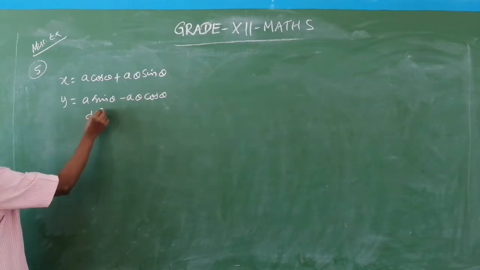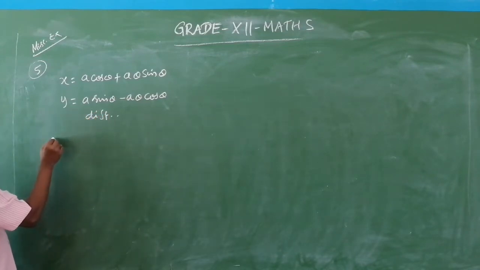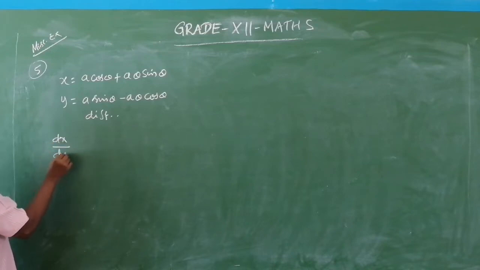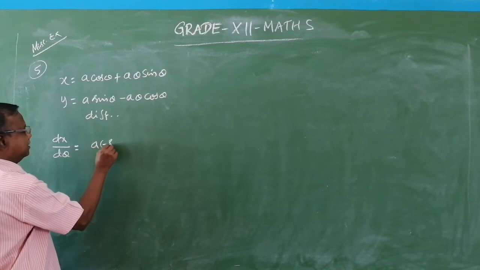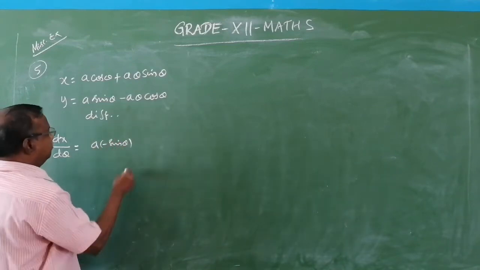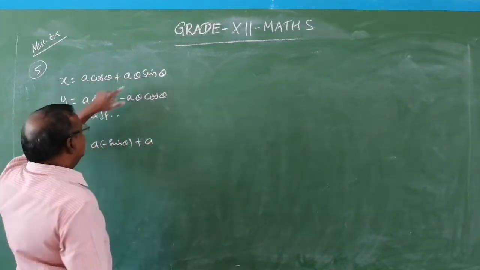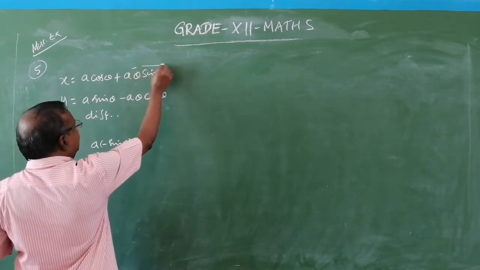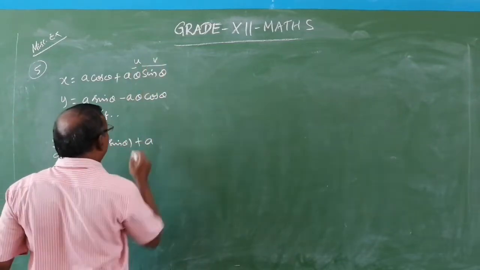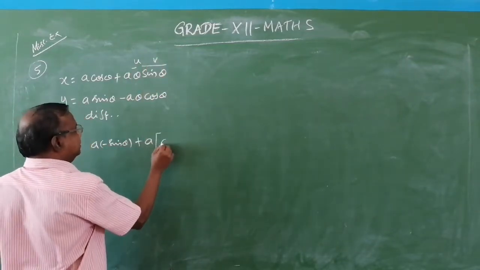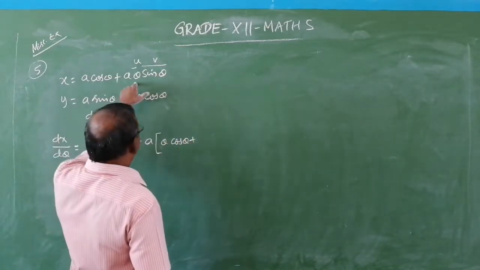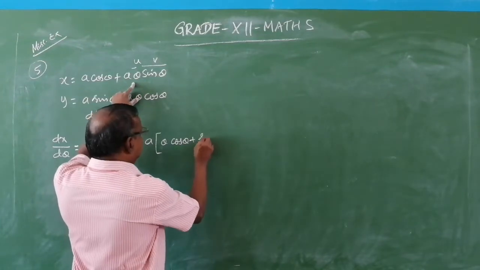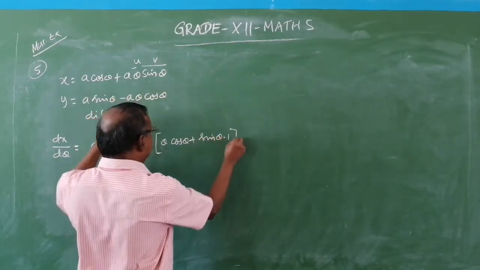So, differentiating, dx by d theta equals a into minus sin theta plus, a is common, here it is in the form of u into v, that is the product rule. So a into theta into minus sin theta plus cos theta into 1, plus cos theta into 1.